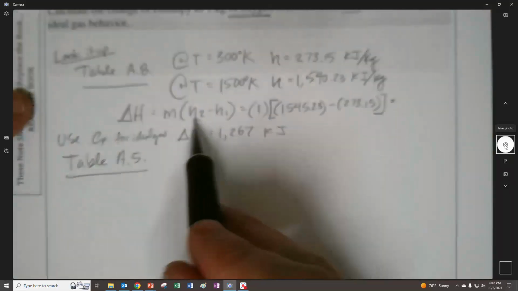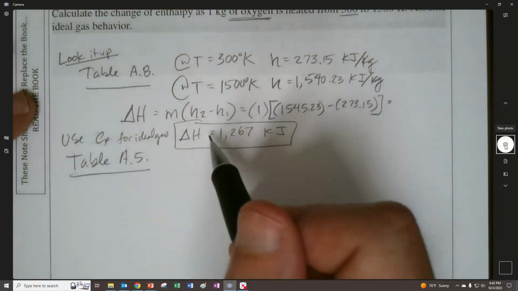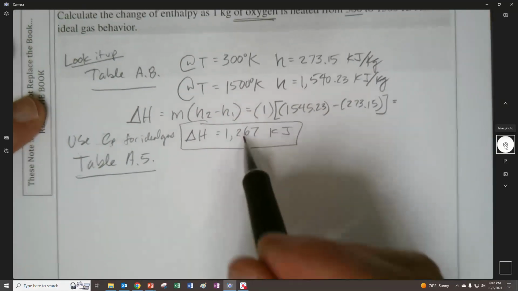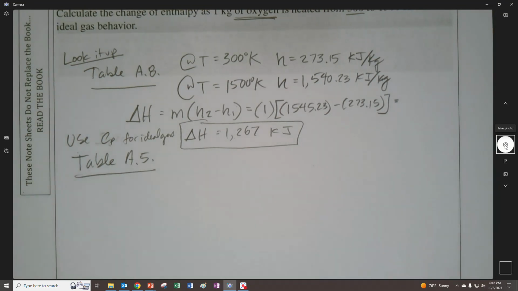For all I know, this is also an ideal gas approximation, but I'm going to assume that somebody has actually done experiments and found this out. So we look up table A5. You should be pretty familiar with that table. We've been looking up the gas constant often with that.